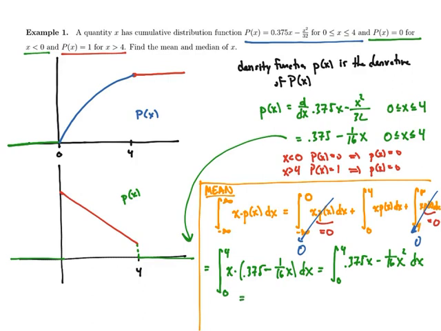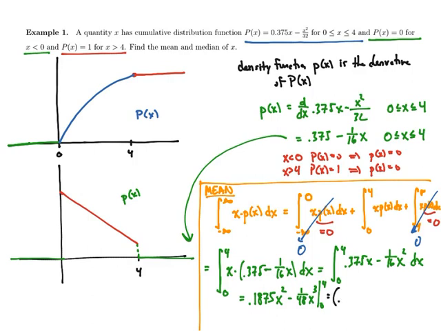So the antiderivative is going to be 0.375 divided by 2, which will be 0.1875 x squared, minus 1/16 divided by 3, which will be 1/48 x cubed, evaluated from 0 to 4.